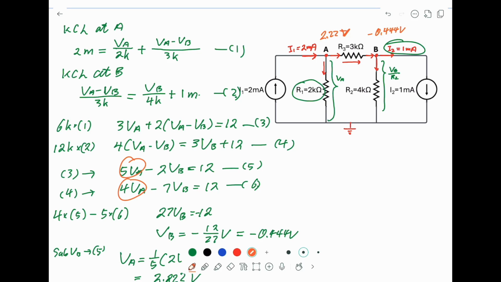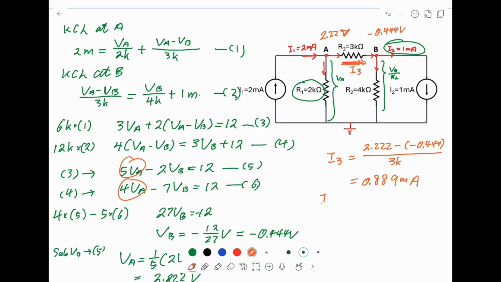So the I3, the current passing through R3, it means this one, I call it I3, is equal to 2.222 minus 0.444 divided by 3K. If you plug this number, you will get this equal to 0.889 milliamp.